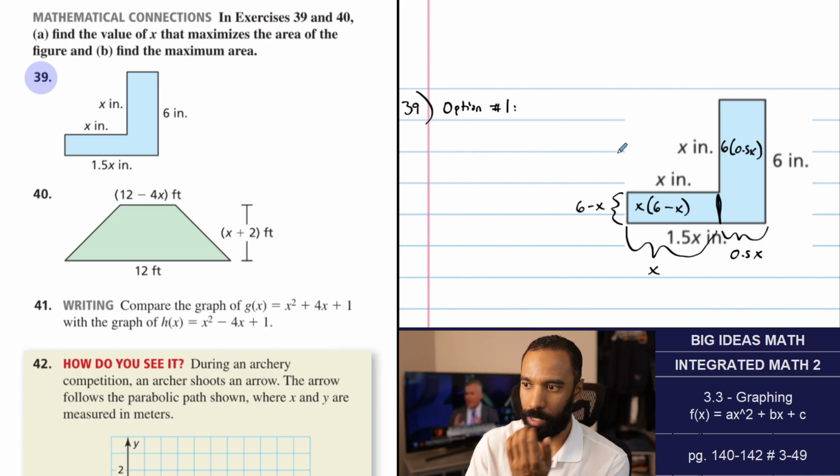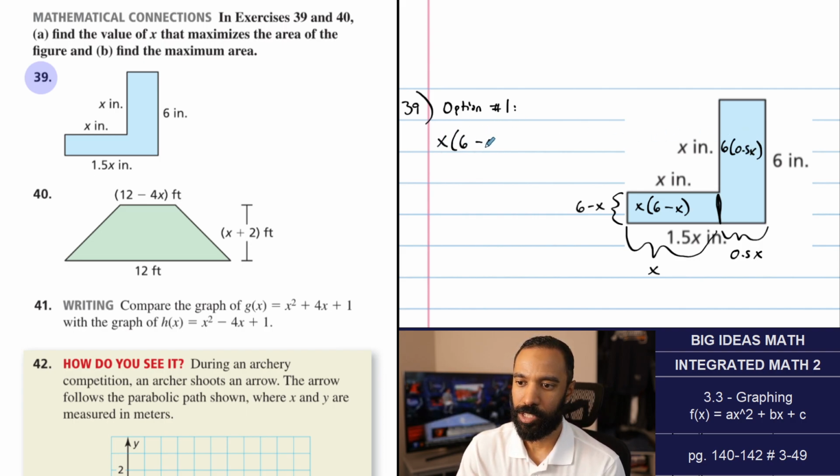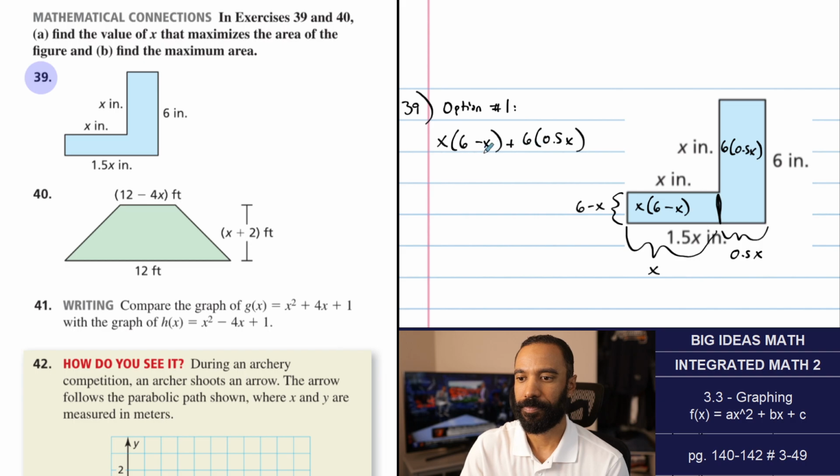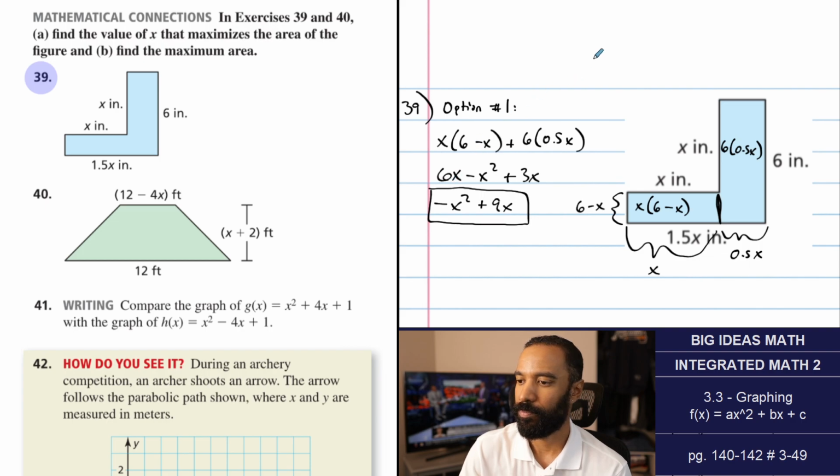And then we add those together. So x times 6 minus x plus 6 times 0.5x, which is 6x minus x squared plus 3x. So negative x squared plus 9x. So there's option one to get that value.